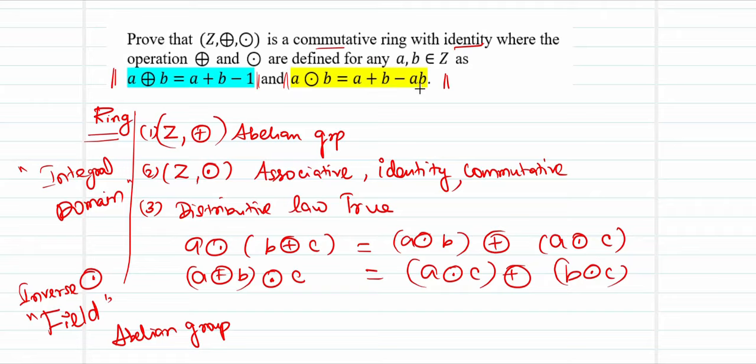So the same problem can be for a commutative ring with identity, an integral domain, a field, an abelian group with respect to plus circle, and an abelian group with respect to dot circle. So many alterations can be done in the same problem, but the base is going to be the same.